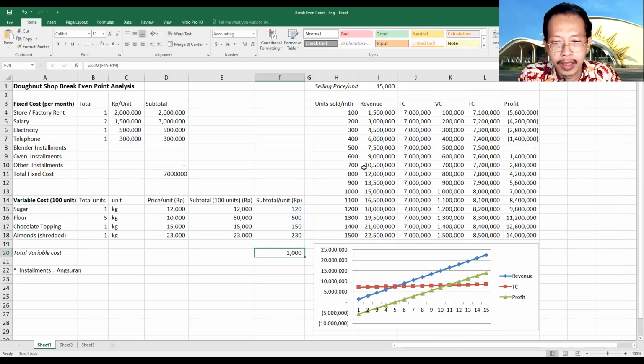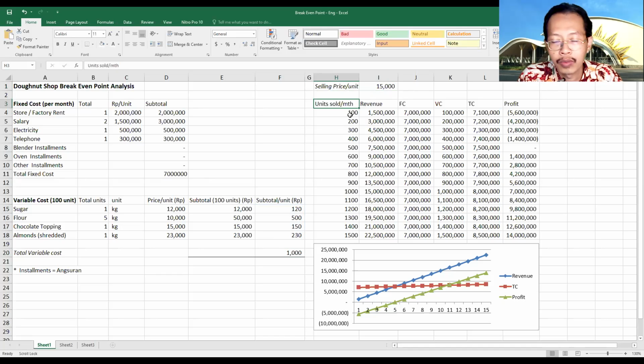Now let's start making the table. You see here the selling price of each unit of donut. So this is quite expensive, 15,000 rupiah. And then in the table, you would write the units. First, this column would be showing how many donuts you're selling each month.